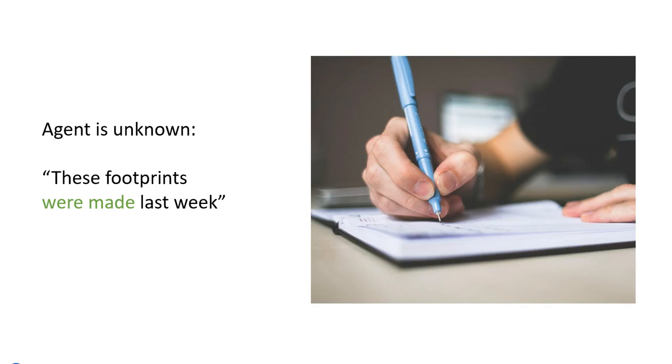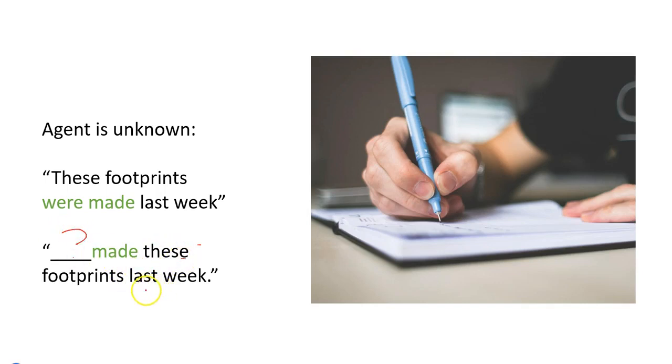And this is okay because we don't really know who made them. This is what it would look like if it was an active construction, right? Who made these footprints last week? Well, we don't know, so we have to tweak the sentence. We have to put the thing that was made in the subject position, okay? But that's only when the actor of the sentence is unknown.